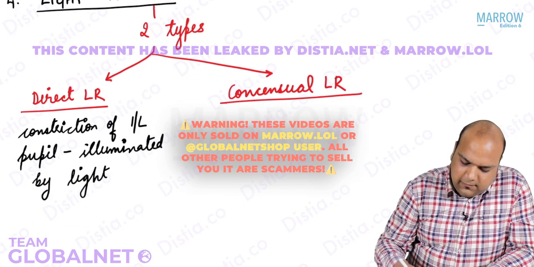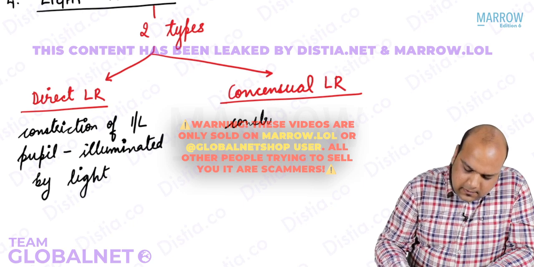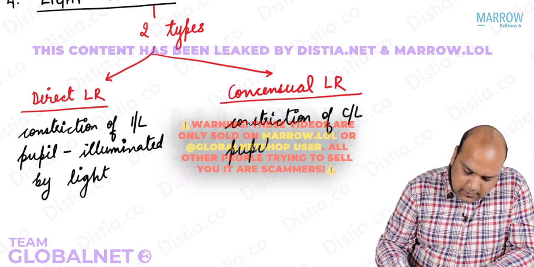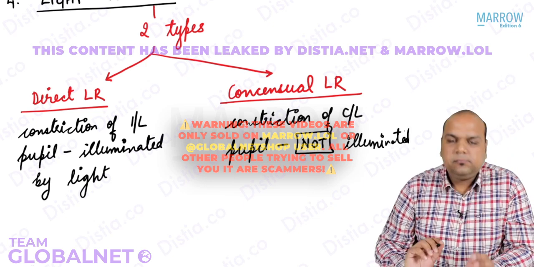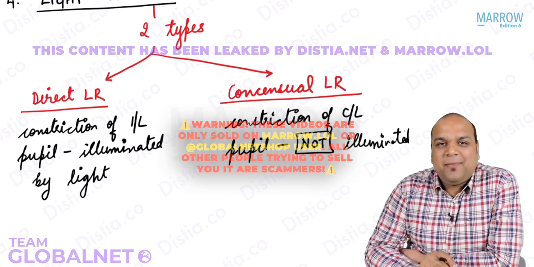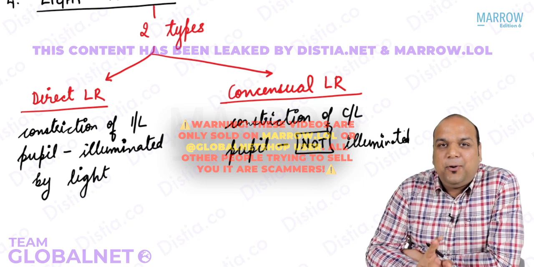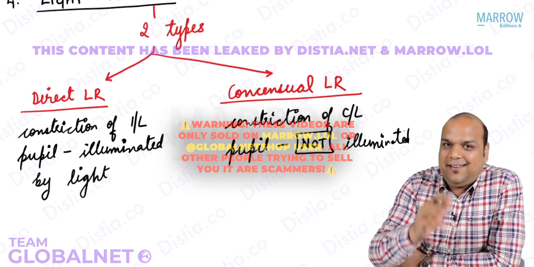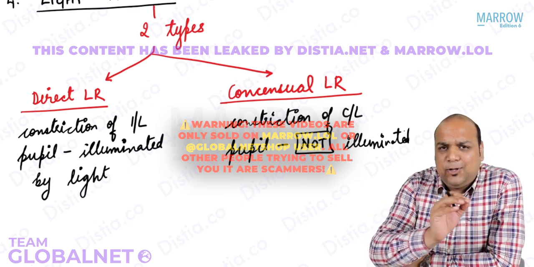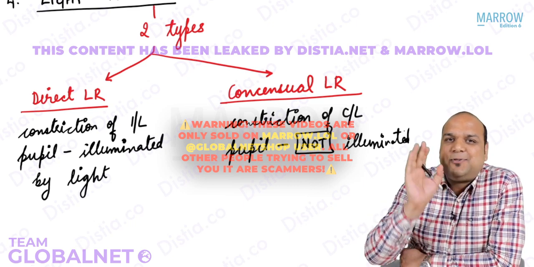Whereas consensual light reflex is constriction of contralateral pupil which was not illuminated. I hope I'm pretty clear here that even if I throw light only on one of my eye, both the pupil are going to constrict. On the same side, I'm calling it direct. On the opposite side, I'm calling it consensual light reflex.